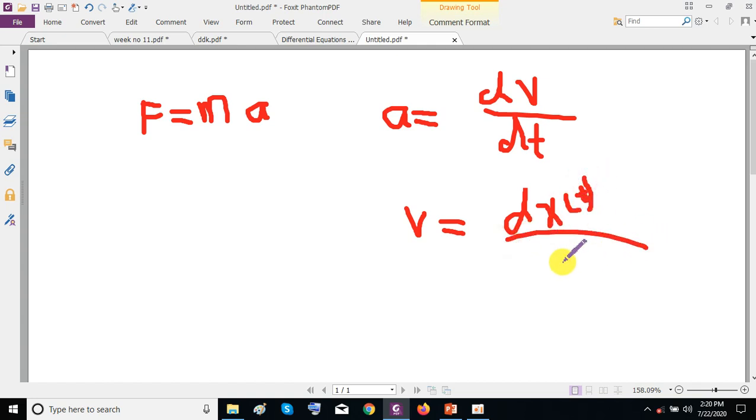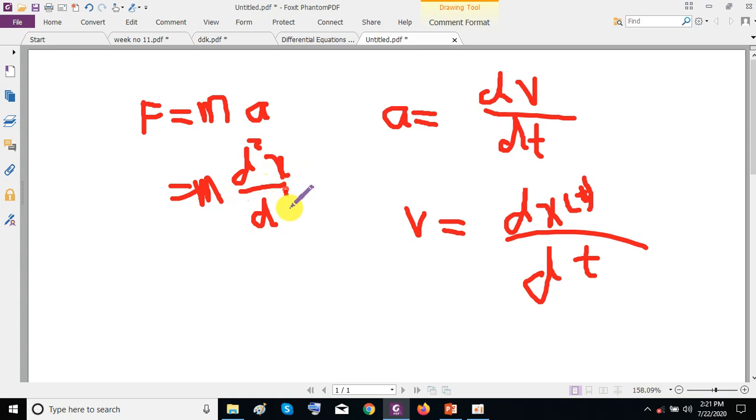So the derivative, the rate of change in displacement with respect to t, is equal to v. So we put this in this equation, so we will get m times d squared x of t divided by dt squared.